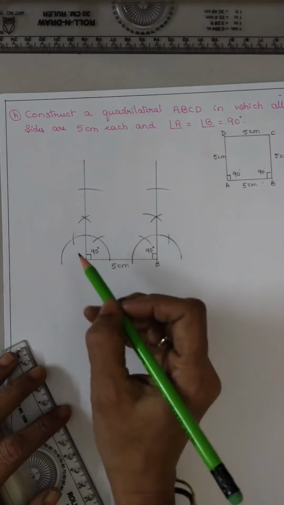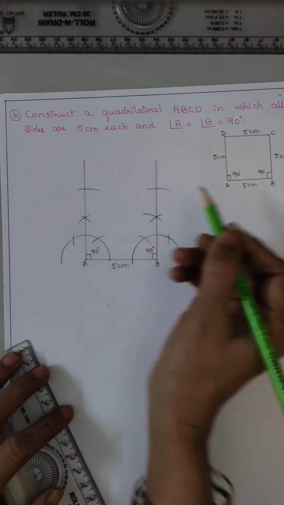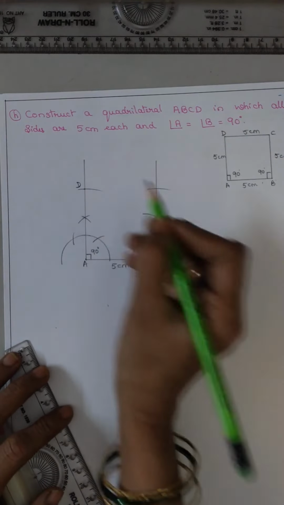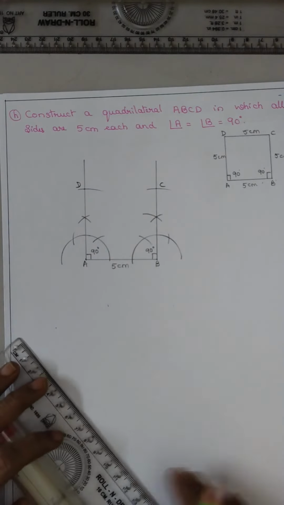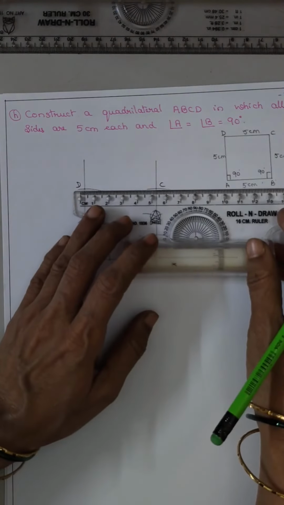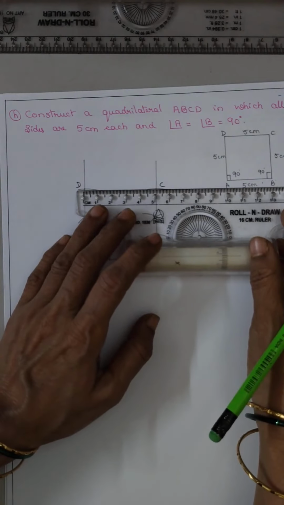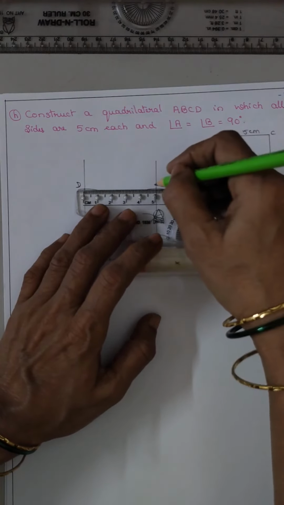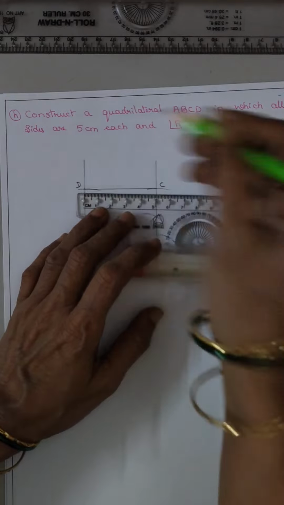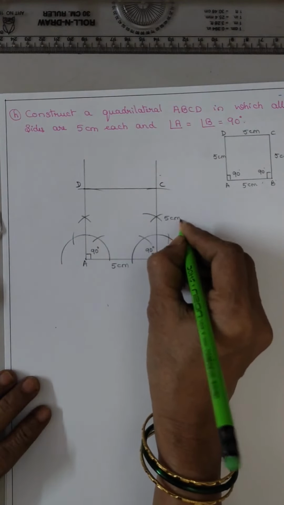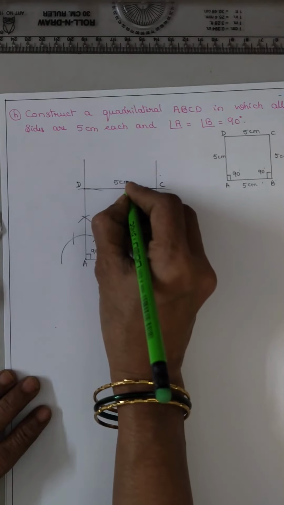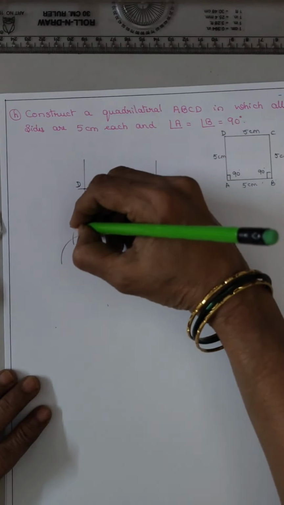So now A, this will be D. B, this point will be C. Now join CD and check. Is it 5 centimeter? Yes. Join CD. So 5 centimeter. This is also 5 centimeter and this is also 5 centimeter.